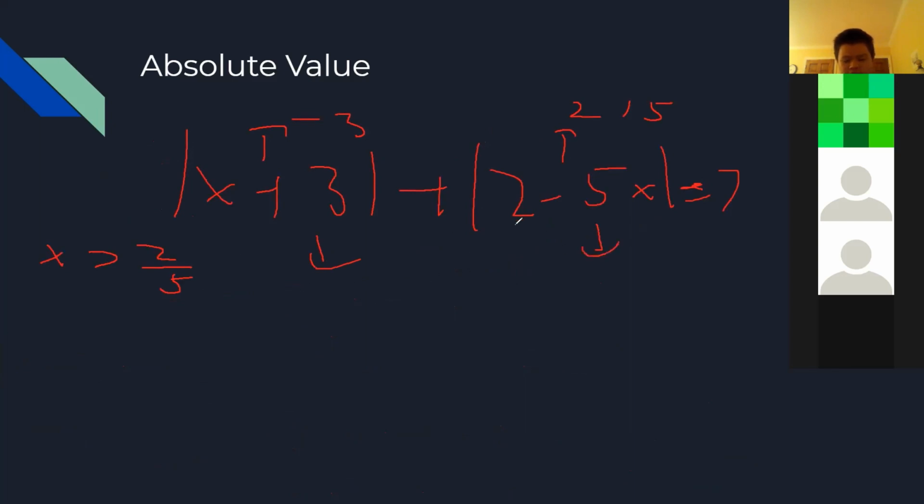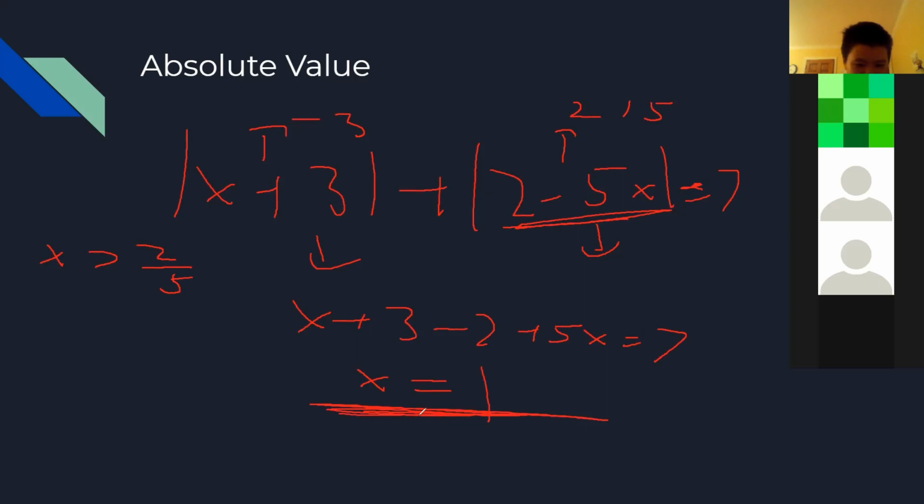Also note that this is negative with a greater x because the coefficient of x here is negative. x plus 3 minus 2 plus 5x equals 7. x equals 1, which plugging it back in is a solution. So this is our first solution.